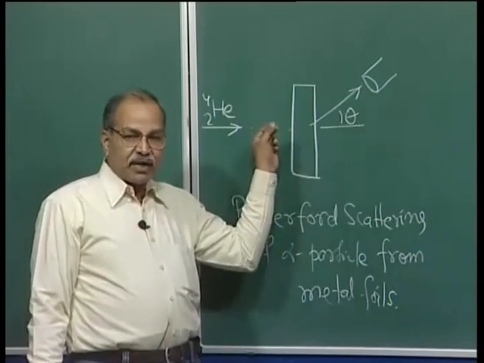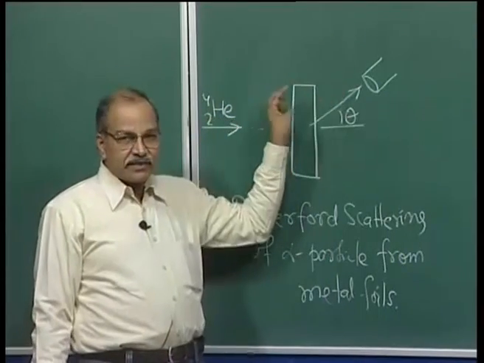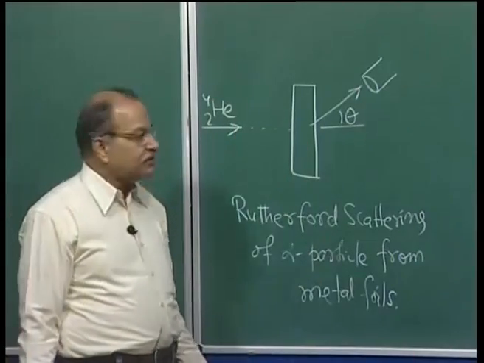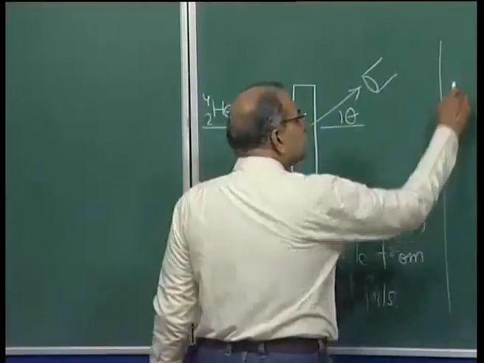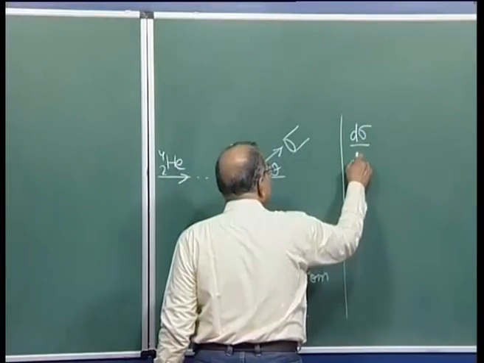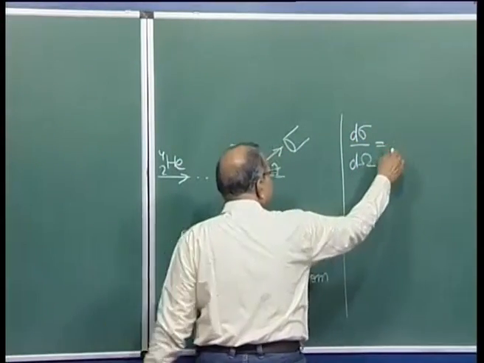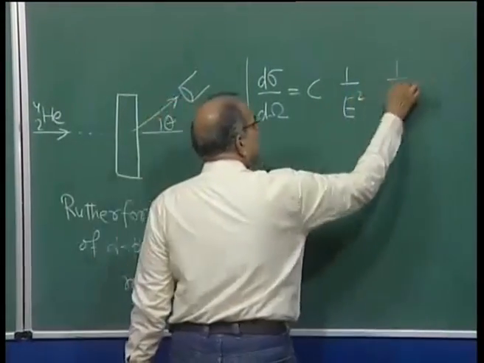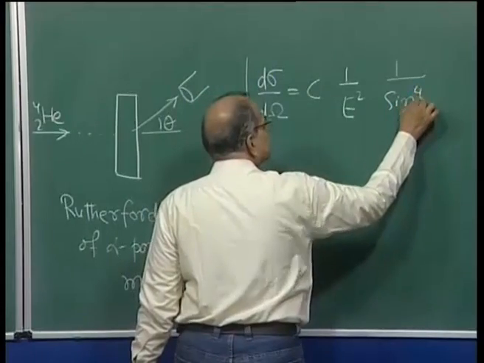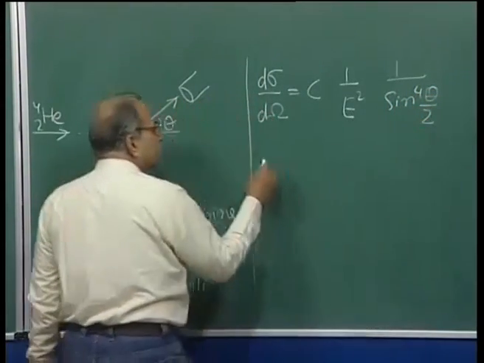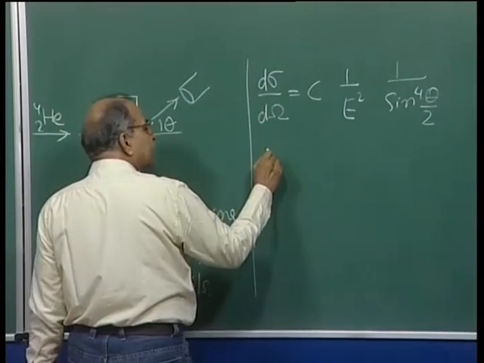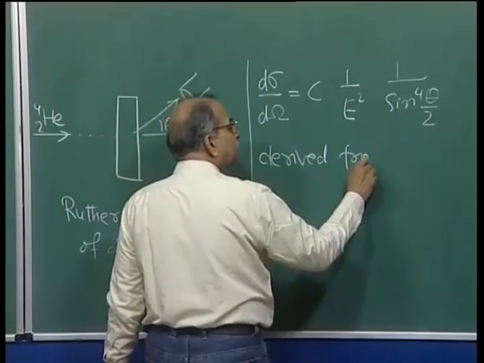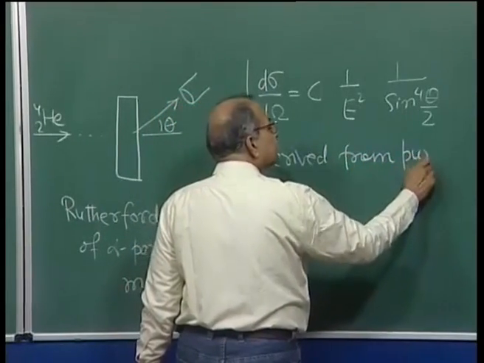But the interaction part, what deviates it, is in what you call the differential cross section, d sigma d omega, which turns out to be some constant, then energy squared in the denominator, and the angle dependence is here. This is derived from purely Coulombic interaction.